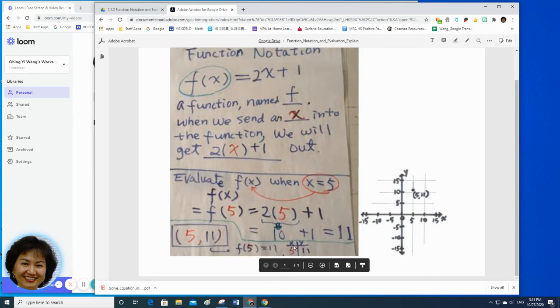Or you can write it as an XY table. 5 is your x value, 11 is your y value. And then you can draw it on an xy coordinate plane. This means a point on this plane. The input is 5, the output is 11.